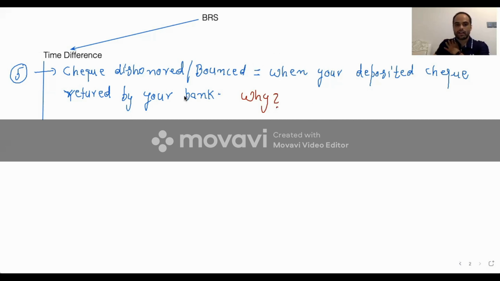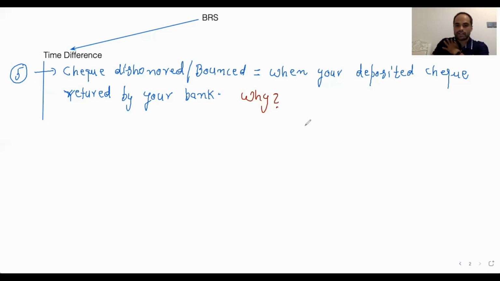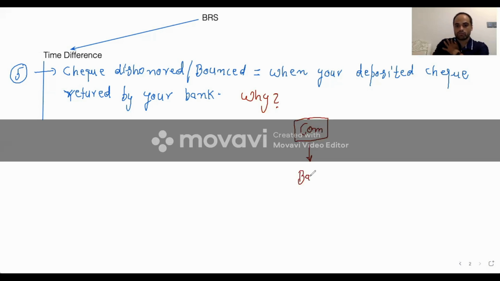So let's understand this by using an example. Let's say this is a company, and that's the company bank, and that is the customer, and that's the customer bank.